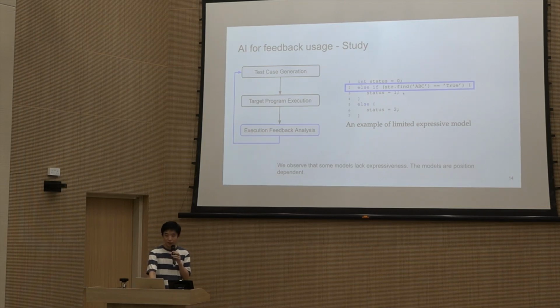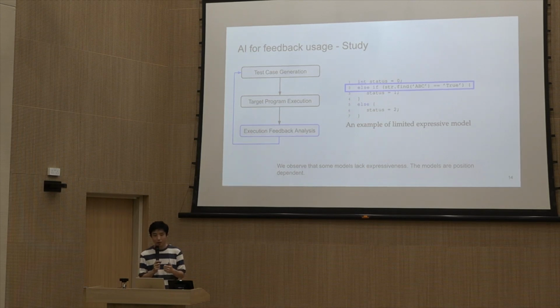In this case, most of the AI models cannot work well because the models used in the existing techniques are position dependent, and they lack expressiveness to predict position independent relations.